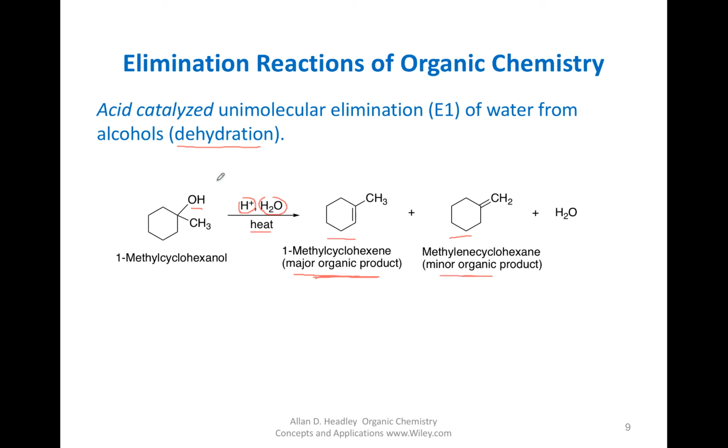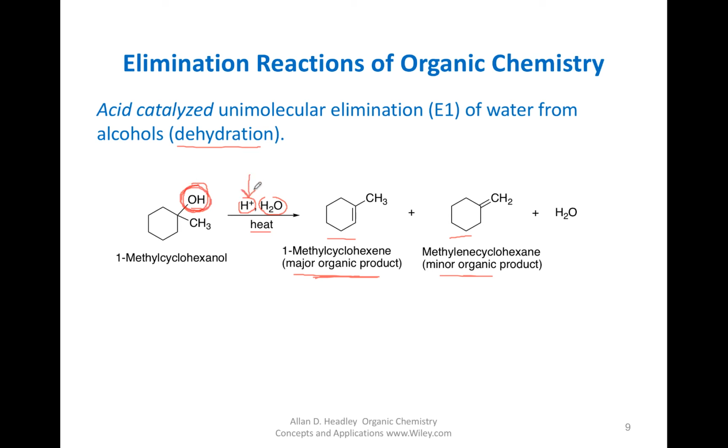Another observation you should make is that the OH is a very poor leaving group. Notice it's not the bromide anymore. The OH is a poor leaving group. Why is it a poor leaving group? Because OH negative is a conjugate base, and that is a strong base. Of course, as you know, KOH is a strong base. So OH is a poor leaving group.